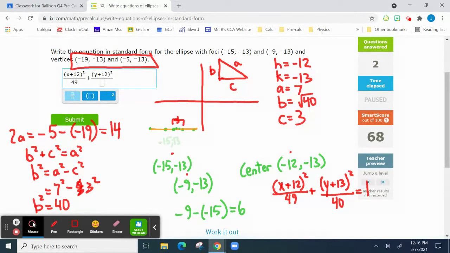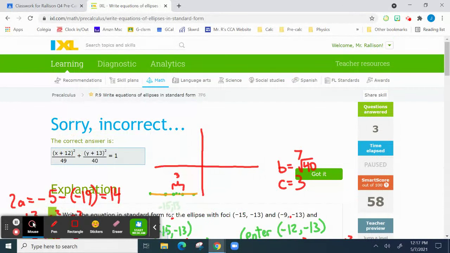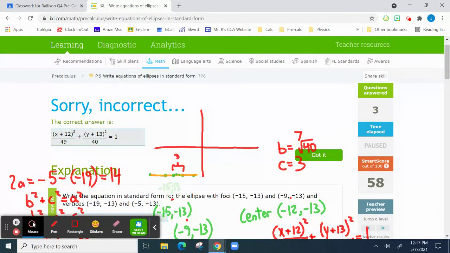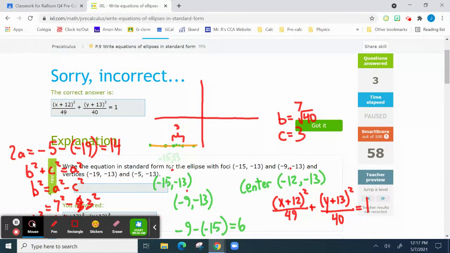So that should be 40 right there. All right. And I almost forgot the equals 1, didn't I? Don't want to lose that. Oh, what did I do? Isn't that what I put in? X plus 12 squared over 49 plus y plus 13 squared over 40 equals 1.